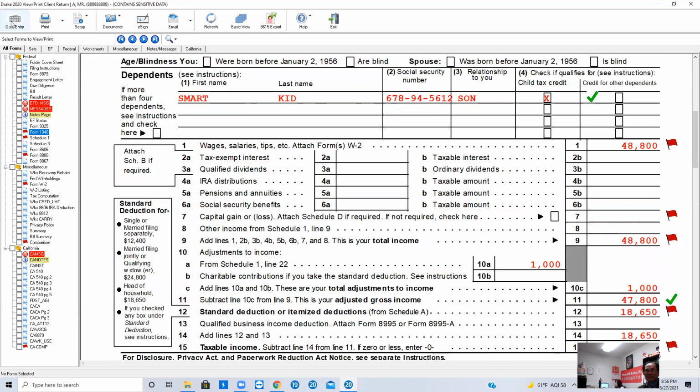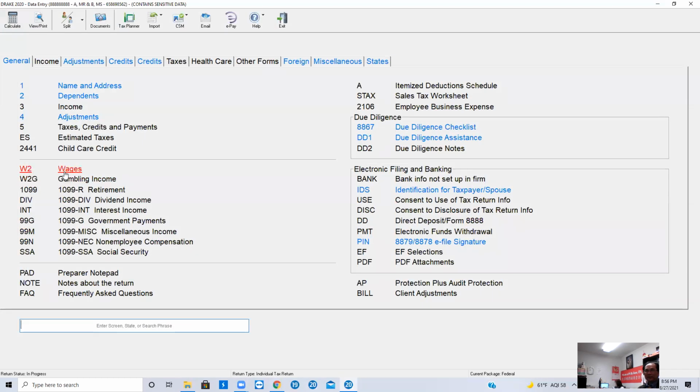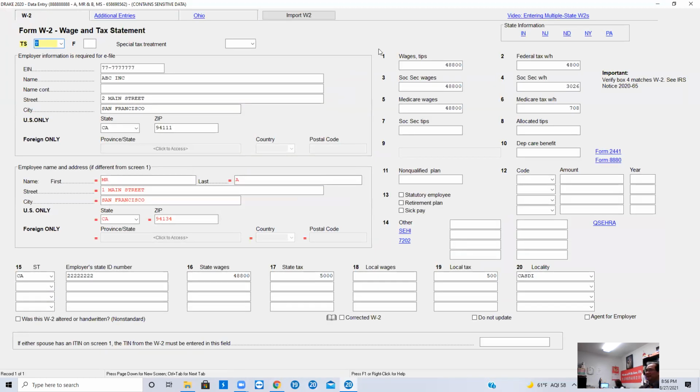So in the W-2 input, you follow the box numbers, like 1, 2, 3, 4, and so on. Now, the interesting part is that the W-2 format is not always the same, but the numbers always mean the same thing. Box 1 is box 1, box 2 is box 2, but they may not be in the same positions.